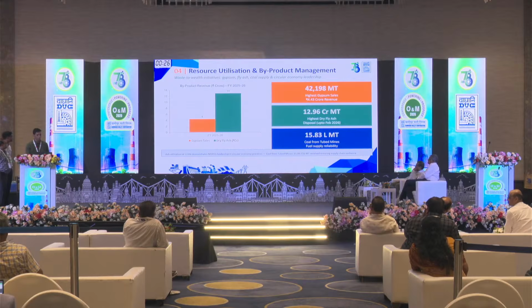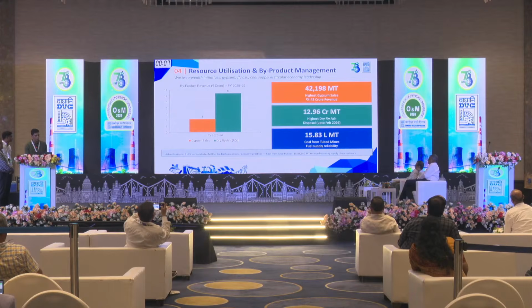Talking about resource utilization and byproduct management, this financial year saw 42,000 metric tons of gypsum sales, which generated revenue of about 4.43 crore for MTPS. Also, through the dry fly ash evacuation system, 12.99 lakh metric tons were evacuated, which generated revenue of about 13 crores for MTPS. 15.83 lakh metric tons of coal was sourced from Tubaid mines.